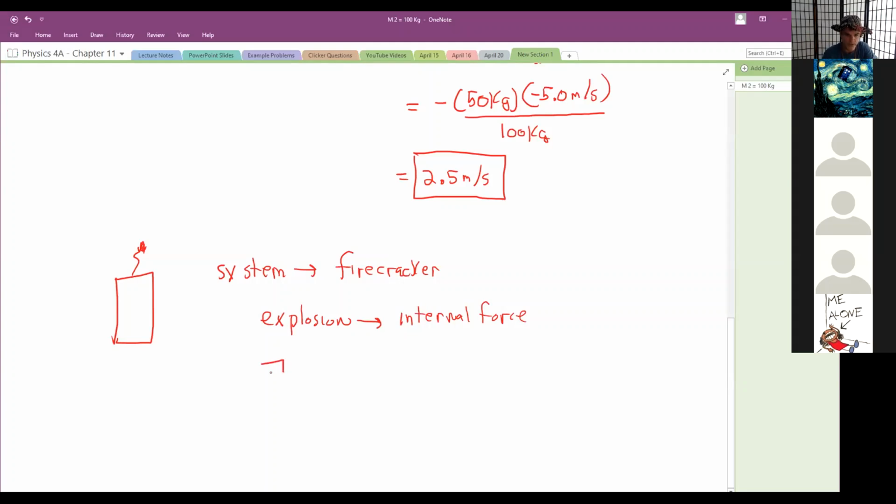So in this case, the sum of the external forces would be 0, which means that the change in momentum of the system would be 0, which means if this firecracker started off at rest, it has no momentum at all. So after the explosion, let's just say that this thing exploded into 4 pieces.